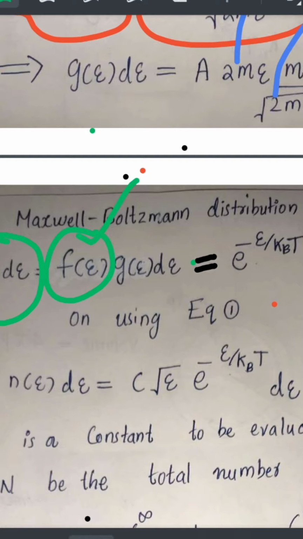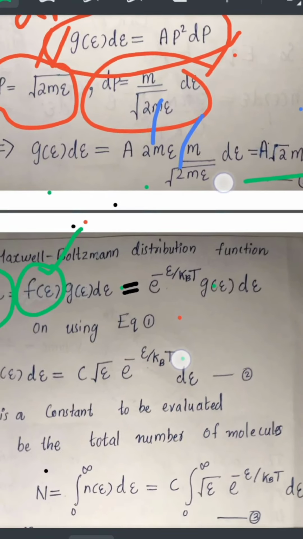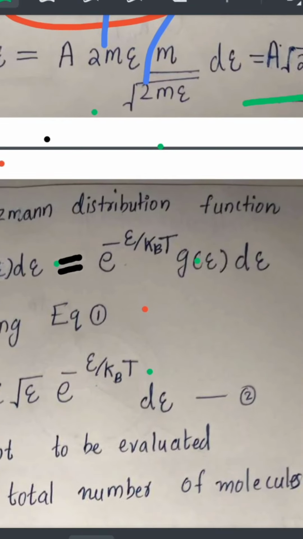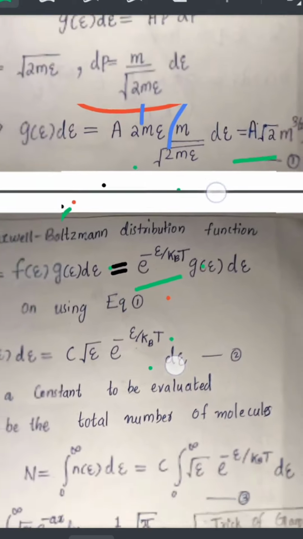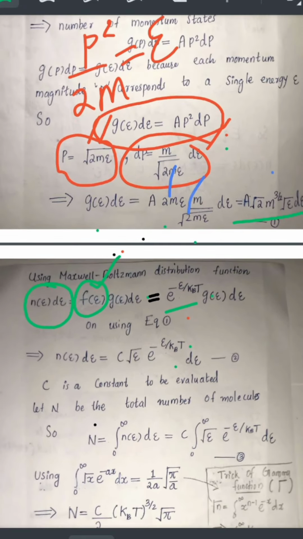We already derived this Maxwell-Boltzmann distribution function in our classroom lectures. So we know that this distribution function f of epsilon is e to the power minus epsilon over k_B T. k_B is the Boltzmann constant, and g of epsilon d epsilon is the number of energy states in the range d epsilon, or we can say that it's actually the density of states in some sense.